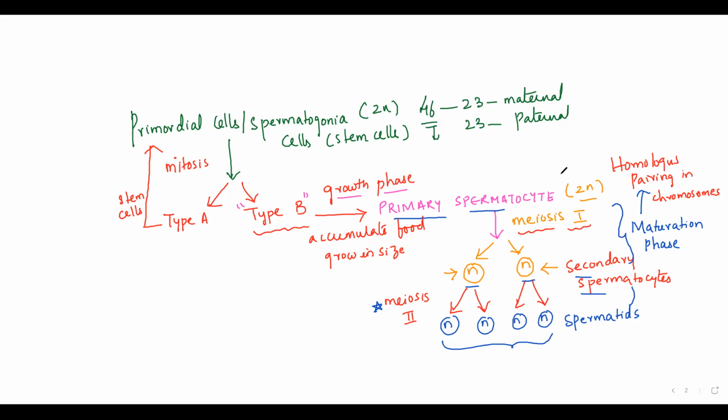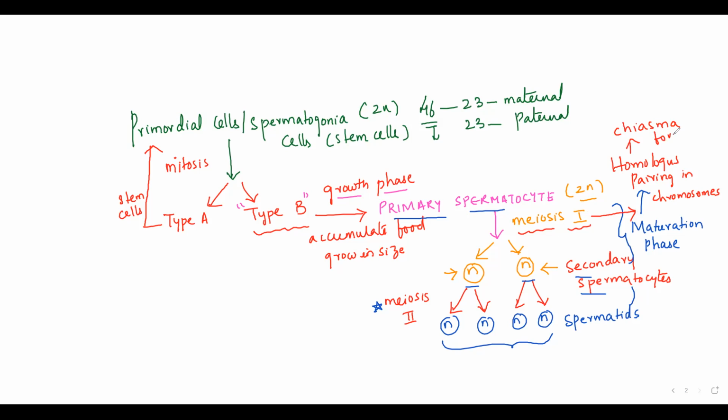And next, these homologous chromosomes form chiasma. They are getting paired up, and you can even see the chiasma formation, crossing over.